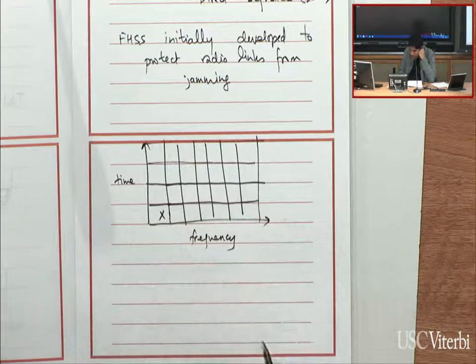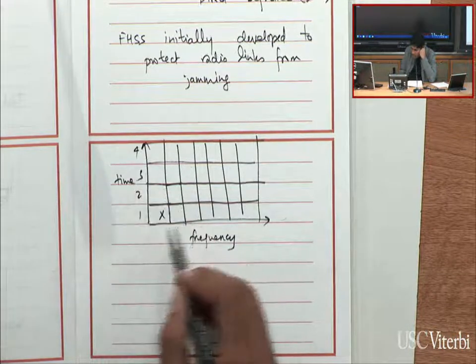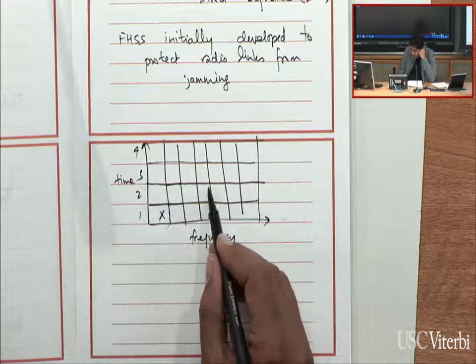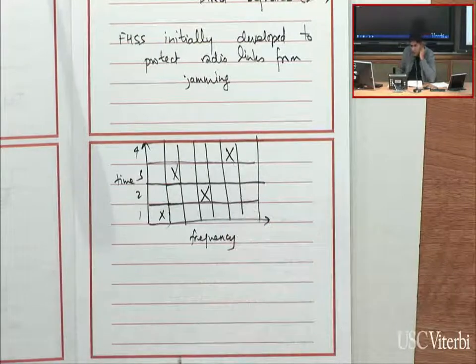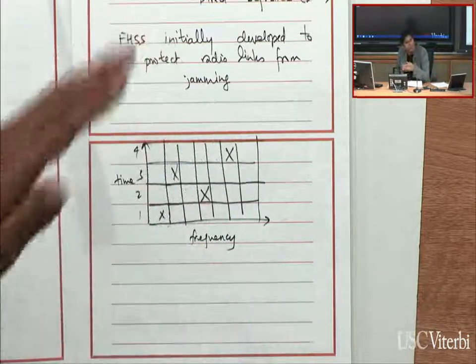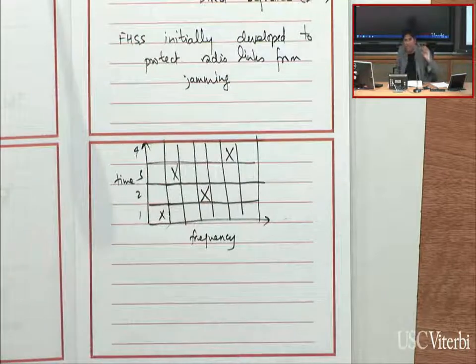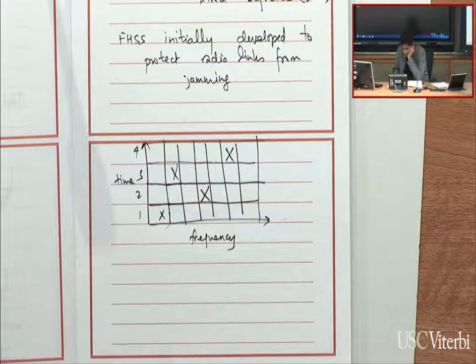So for example, maybe at time 1 you're using this frequency. At time 2, you're using this frequency. At time 3, you're using this frequency. At time 4, you're using this frequency. At some point the pattern will repeat, but it's saying at these times use these frequencies, and you hop between the frequencies at different times.